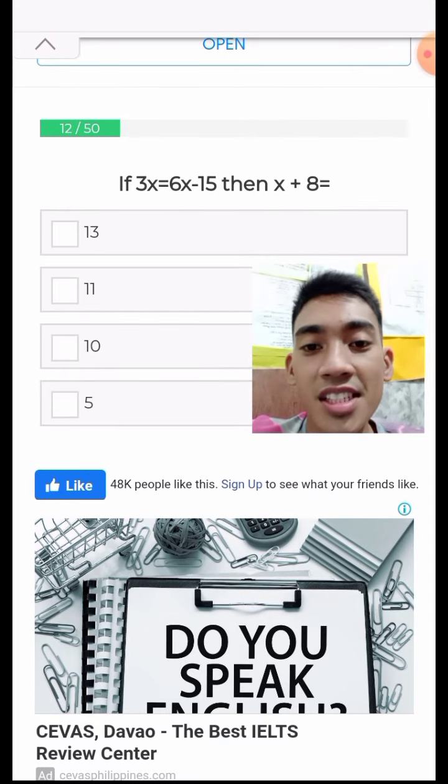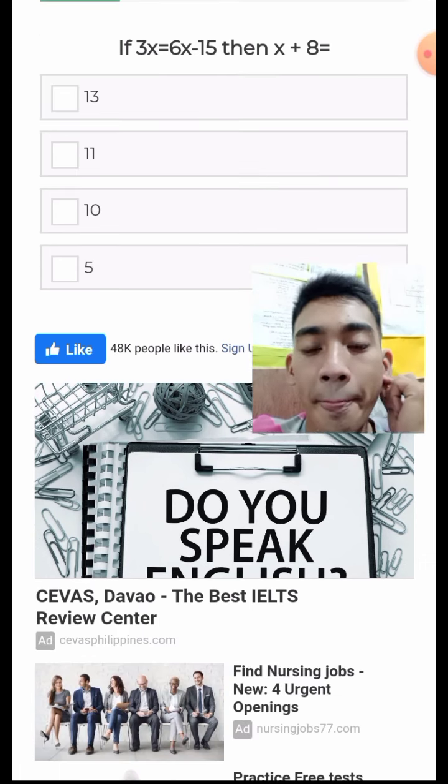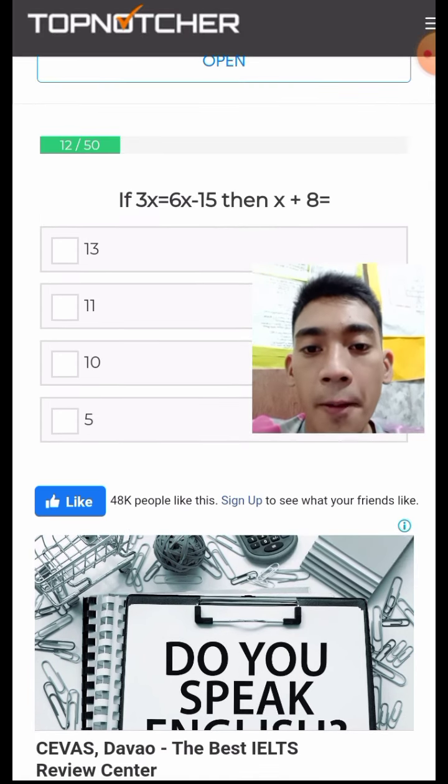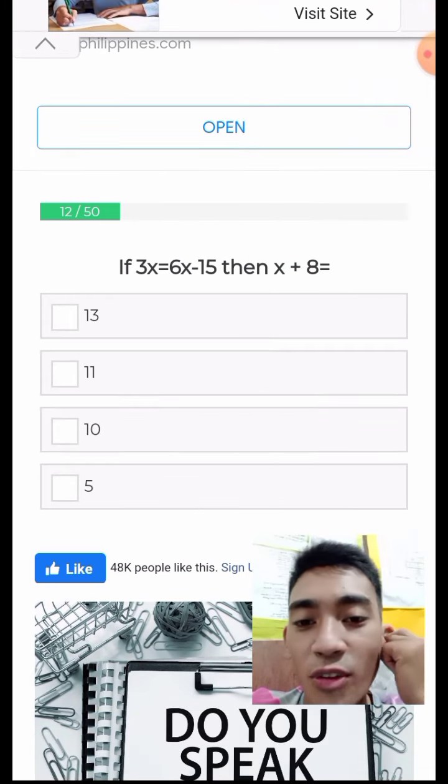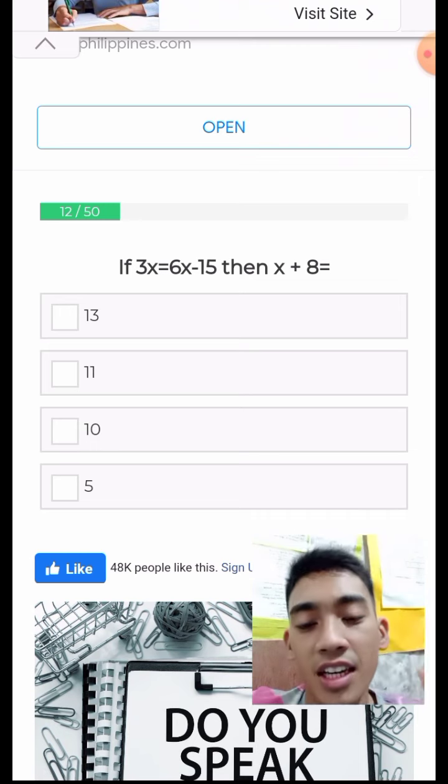3x equals 6x minus 15, then x plus 8 equals blank. So here, we will solve first for the value of x. First we will transpose 6x together with 3x, so it becomes negative 6x.